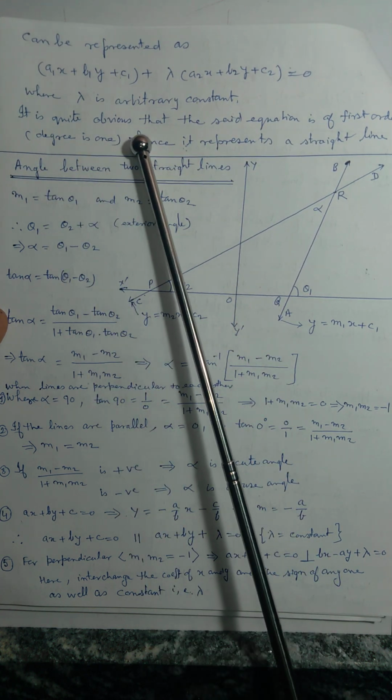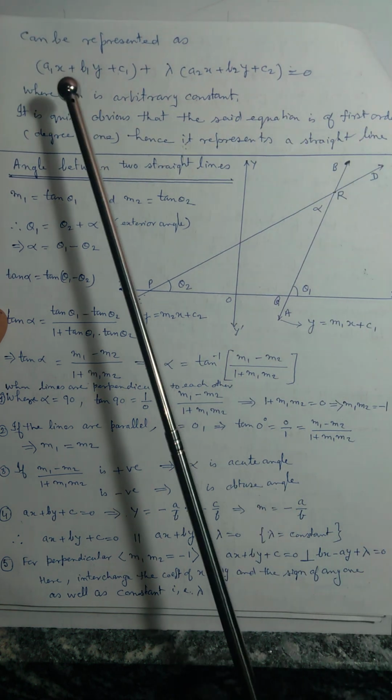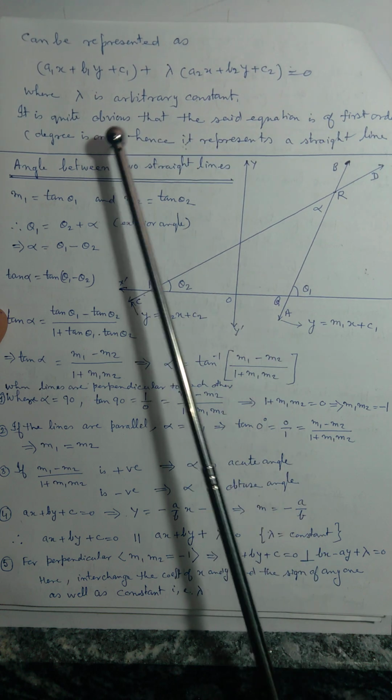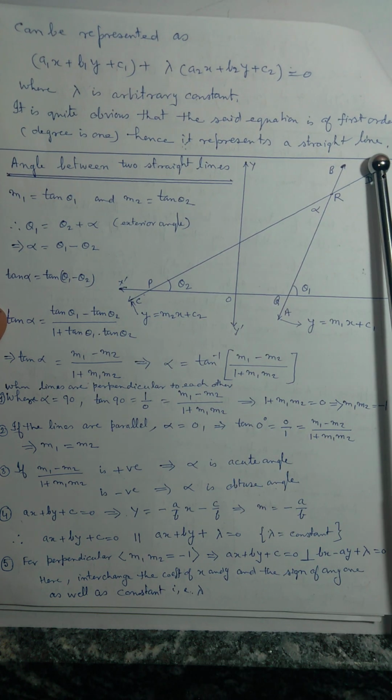It is obvious that this equation is of the first order, means its degree is 1, hence it represents a straight line.